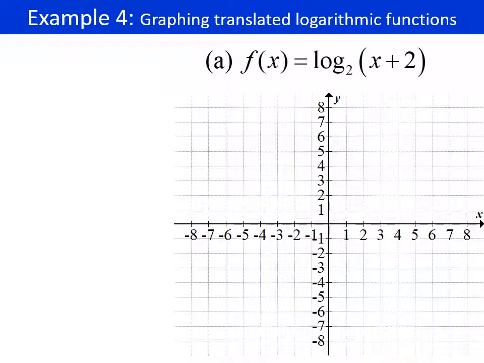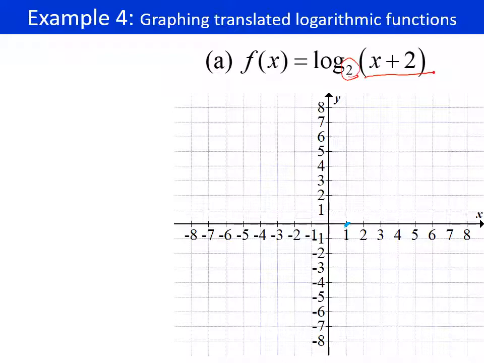I want to show you this one without the calculator, and then pull up the calculator to sort of verify what I have done. I'm looking at this, and I'm thinking the log base 2 of x would look something like this. We would have a dot at 1.